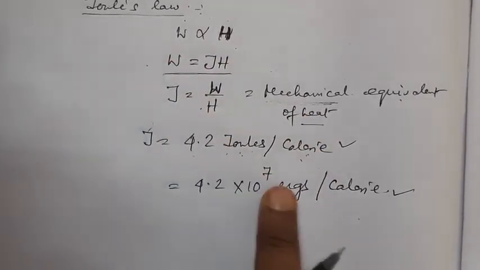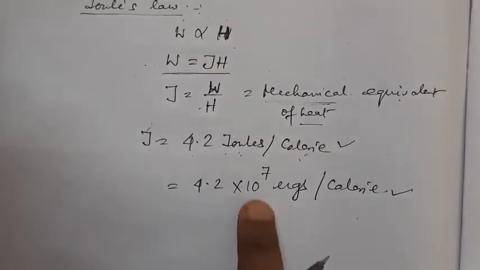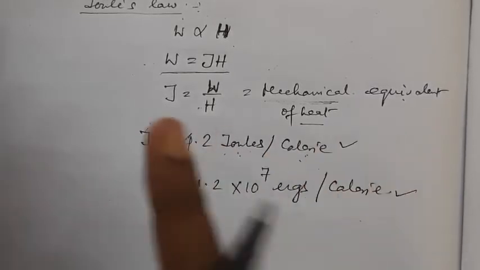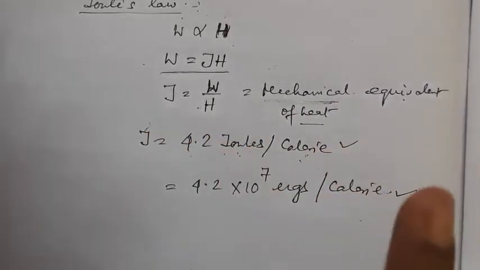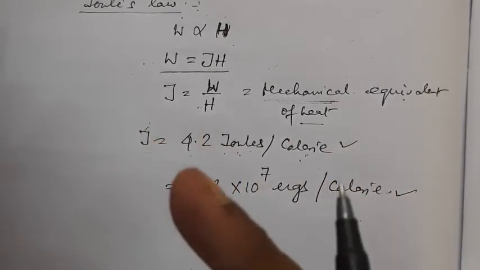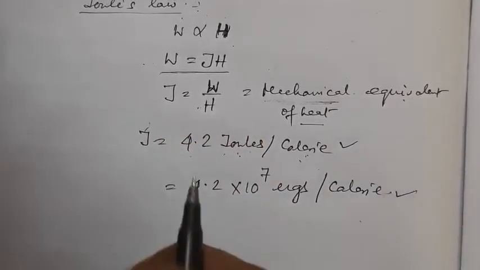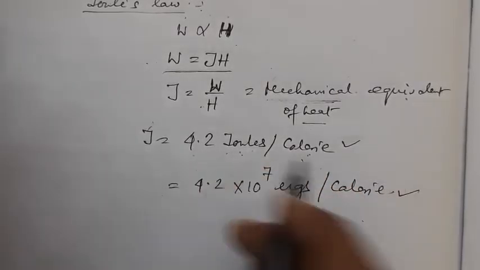But if work is in ergs, then J should be written as 4.2 times 10 to the power 7 ergs per calorie. To avoid this discrepancy, always try to do the problem in the CGS format. If you do it in the SI style, then you will fall into trouble. So we will try to do it in the CGS form.